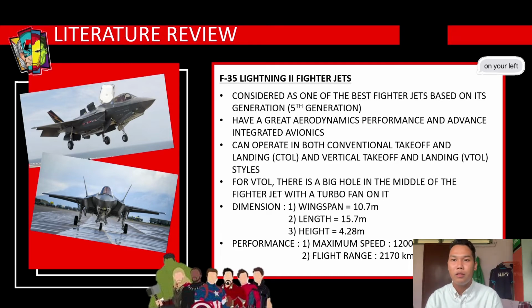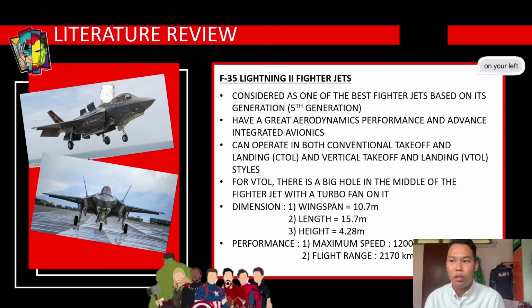The F-35 Lightning II can operate in both conventional takeoff and landing and vertical takeoff and landing, VTOL. Conventional aircraft require a long runway in order to fly, unlike vertical takeoff, which requires just a space where they can take off and land.